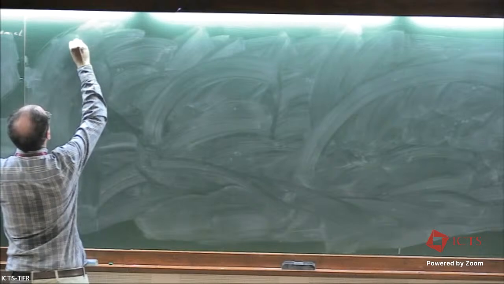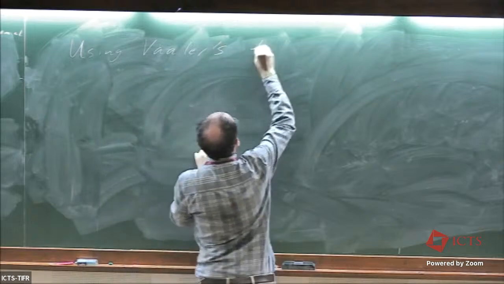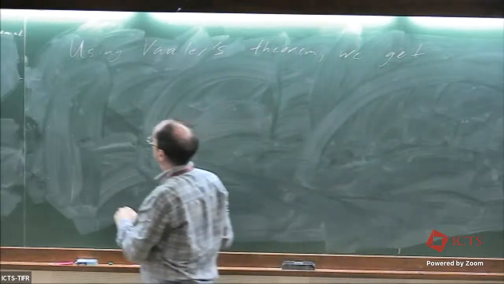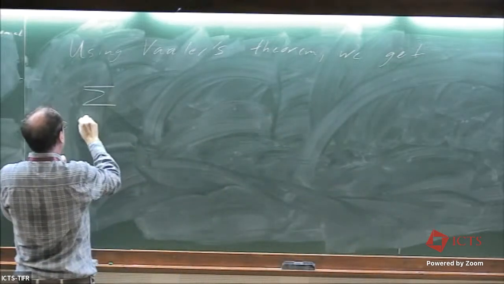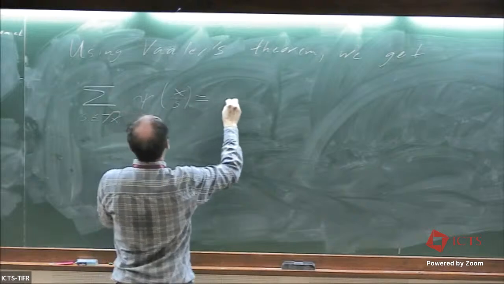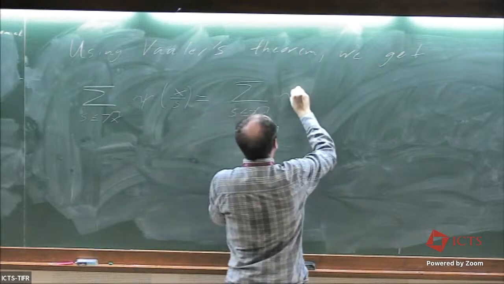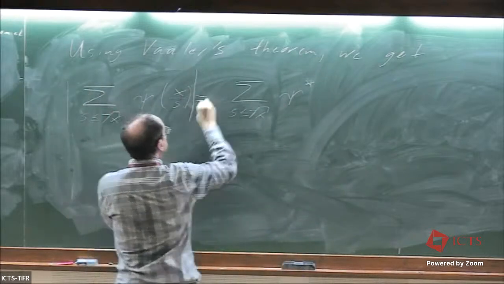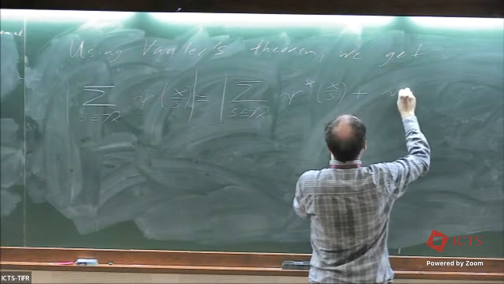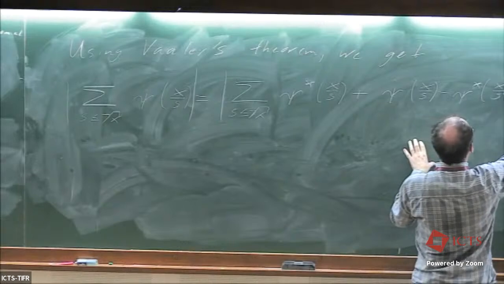The sum over s less or equals square root x, psi of x divided by s. So this is the sum over s less or equals square root x, psi x divided by s plus psi x divided by s minus s.